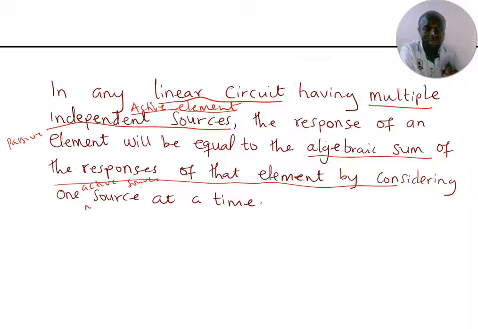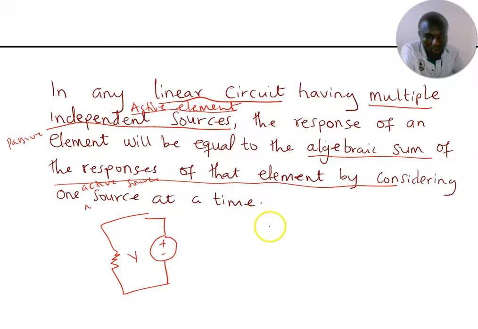The only thing you need to take note of is that if I want to remove any voltage source in the circuit, I make sure that I replace it with a short circuit.